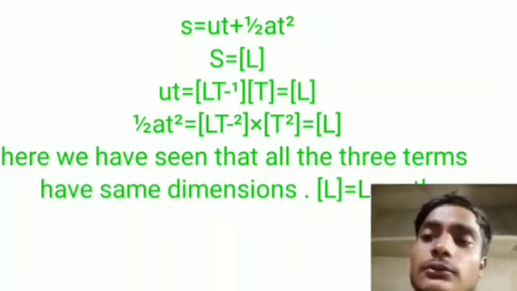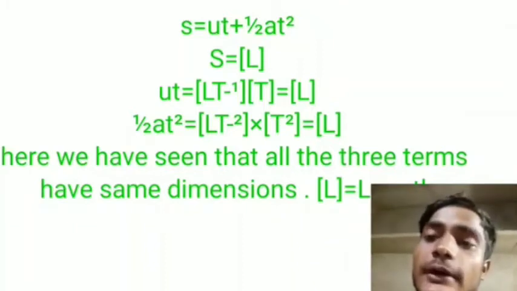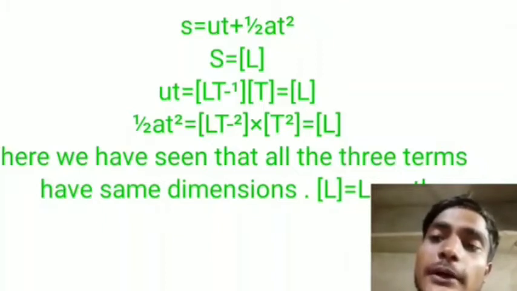Let's take an example. The second equation of motion, S equals ut plus half at square. The dimension of S is L and the dimension of ut is L T^-1 into T. Then T^-1 and T get cancelled and L is obtained.